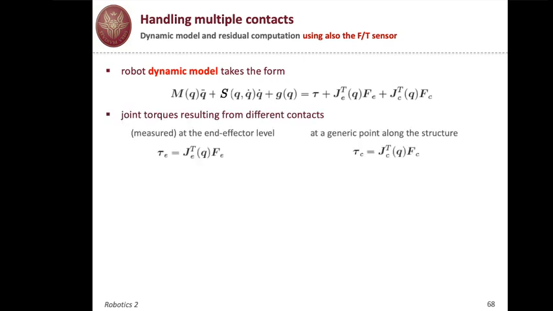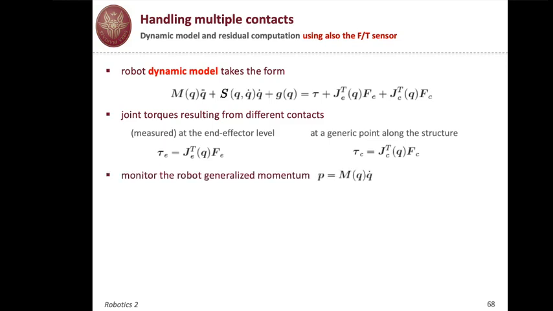Now, how can we detect the presence of something that we cannot measure directly? Because the end effector forces are measured by the force sensor. The contact forces, which are applied at a generic point along the structure, so the FC, need to be estimated. And accordingly, we will estimate based on the residual. So the residual should not be affected by any other force, in particular by the force measured at the end effector level.